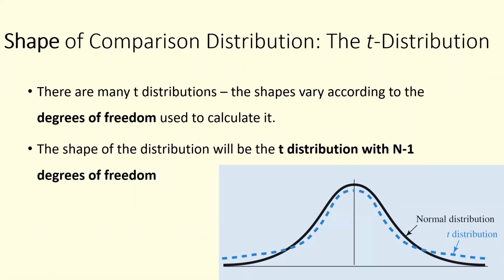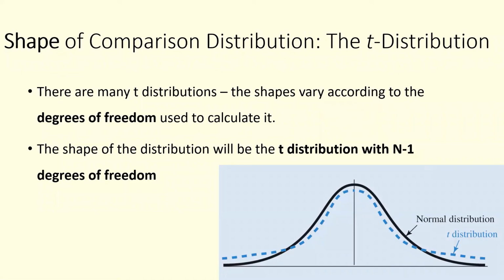So now we have a new table. And when we talk about the shape of our distribution, instead of saying that it's normal, we'll say that it's the t-distribution with n-1 degrees of freedom.